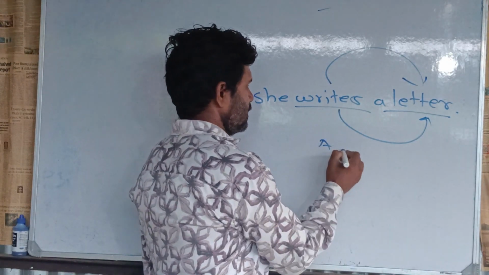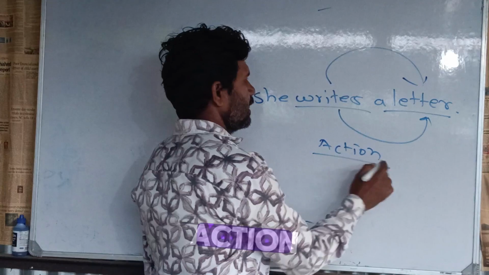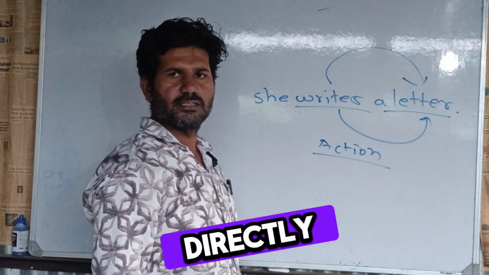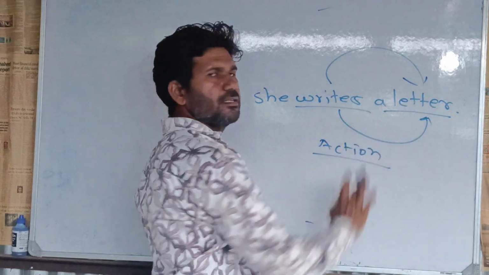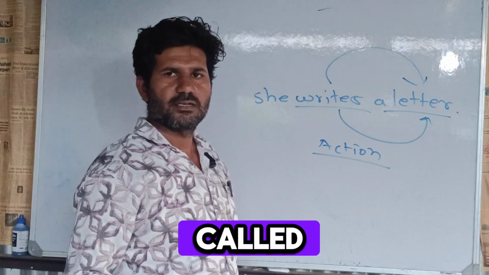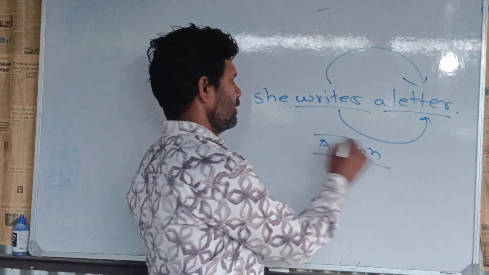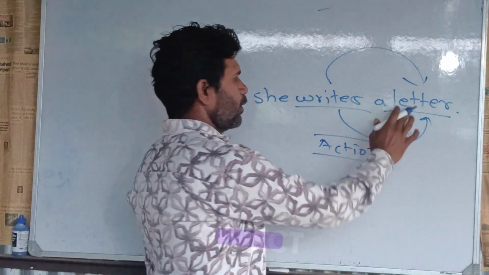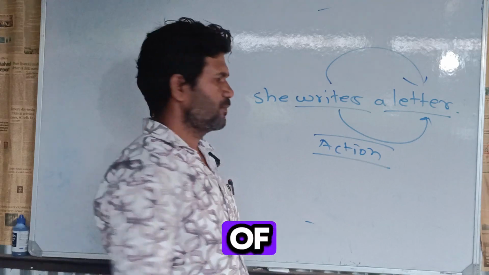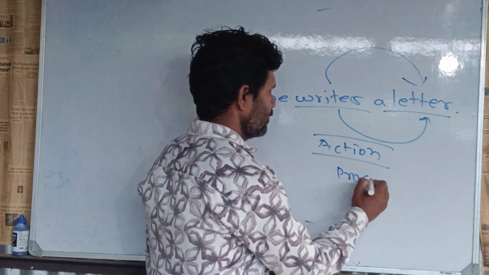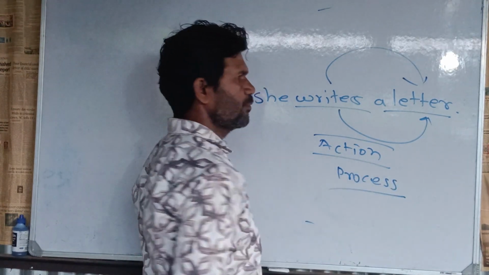So, the thing that the action affects directly is called the direct object. So, we can say the object is the receiver of the process by the action.